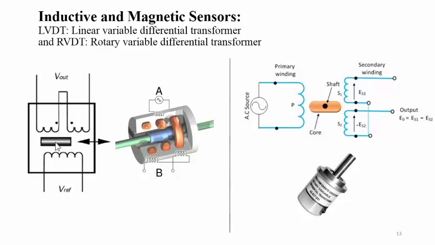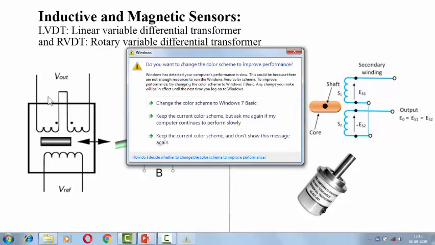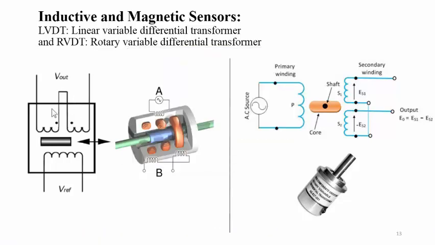In this mechanism you will find one rod which is connected internally to the ferromagnet material or ferrite rod. So depending on the movement of this ferromagnet core inside the coil, we are getting the change in the output voltage from the secondary winding.